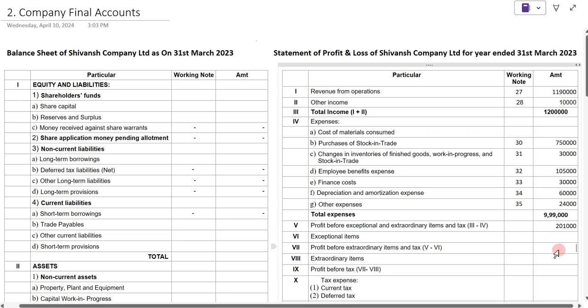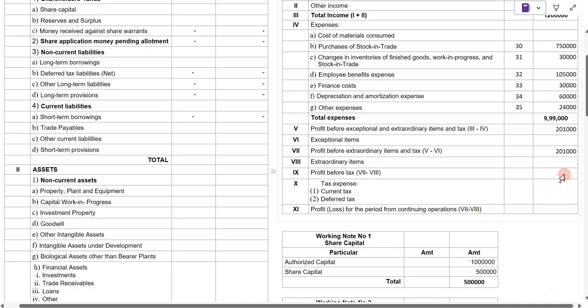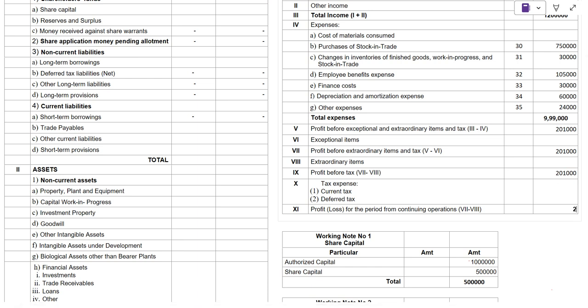Now write the same value. This is the current year profit. Current year profit is 2,01,000.